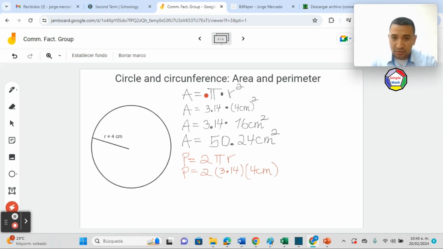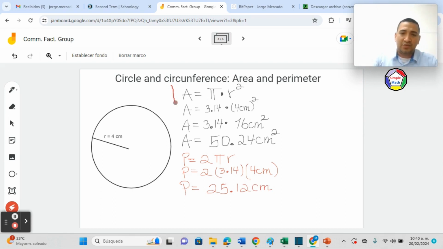So let's do just the multiplication. So 2 times 3.14 times 4 centimeters. So the perimeter is 25.12 centimeters. And that's the way we calculate the area and the perimeter.